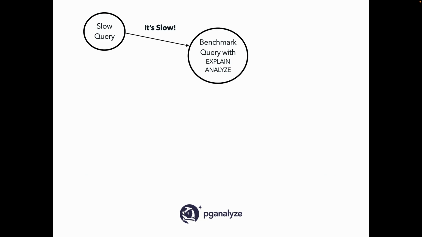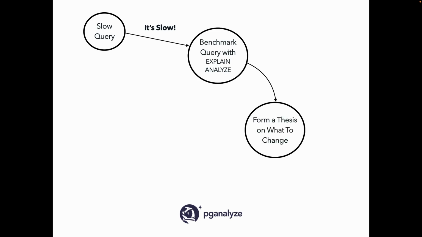Now, my basic debugging loop when I debug a query is, I have a slow query, I realize it's slow, and then I start benchmarking the query. Let's explain and analyze. I then form a thesis on what to change. This is the hard part, right? Everybody will do this, but to varying degrees of success, because if you don't understand how the planner works, you will have a hard time forming a thesis of what is happening.